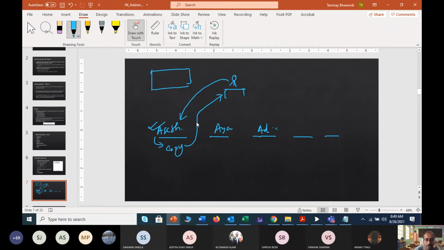So now if you think that Akshat is your opcode and the copy is your operand, just think this far.